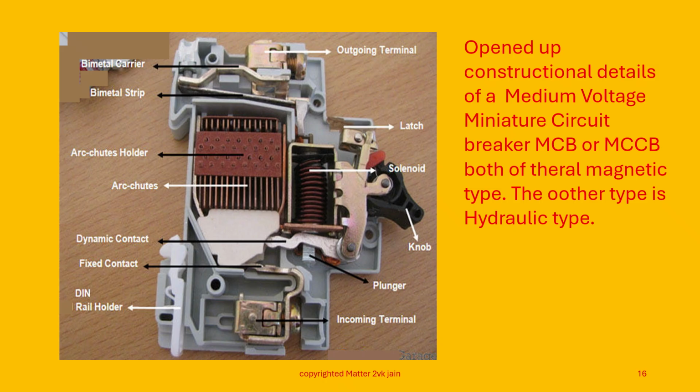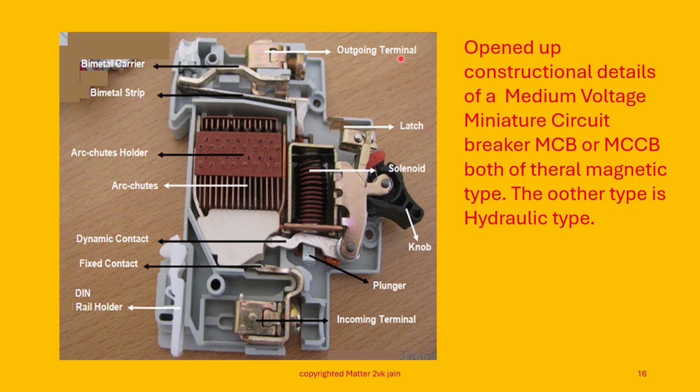So let us talk of this particular thermomagnetic type MCB or MCCB. Typically, they have at the bottom the incoming terminal and on the top the outgoing terminal from which the current is taken out.